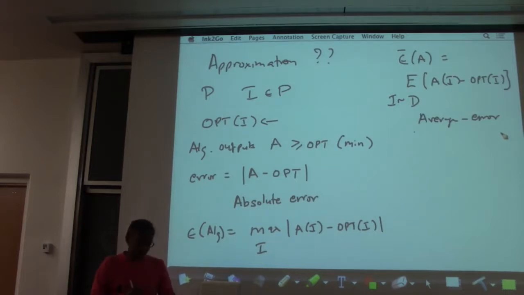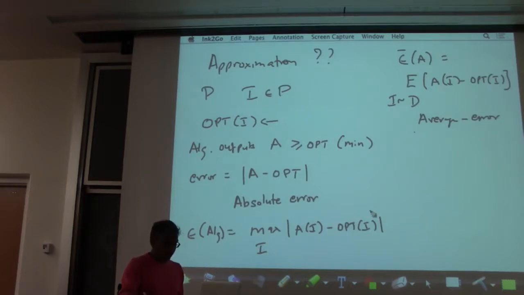Okay. All right. And as was just mentioned, there's a third way, which is in fact the most common way that we think about error measurement in algorithms, which is defined this way.